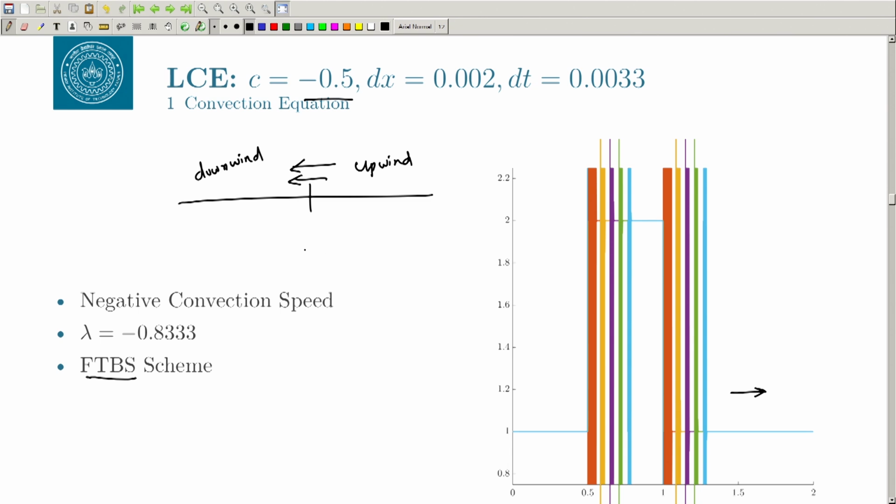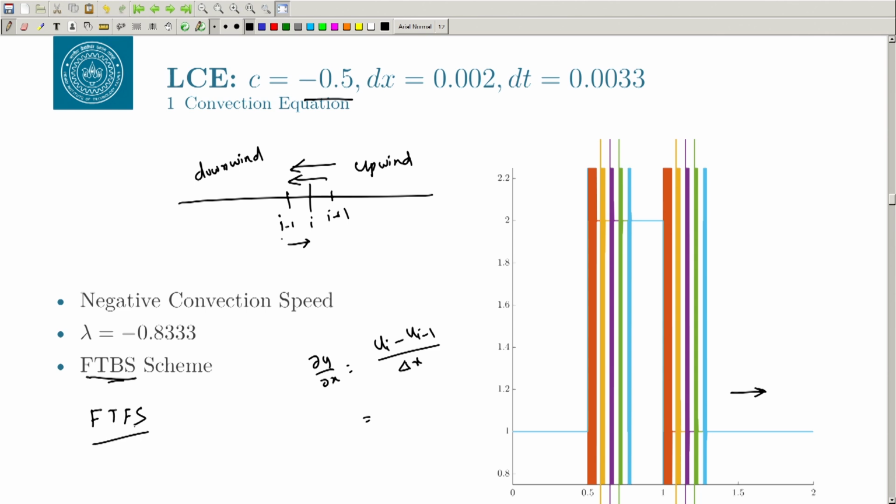In FTBS, del u by del x is equal to u I minus u I minus 1 by delta x. If this is my I, this is my I minus 1 and this is my I plus 1, you are making use of I minus 1 and I. So if the convection speed changes and the information travels from right to left, you still have to obey the upwind.